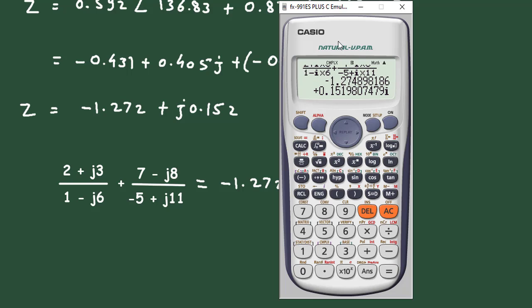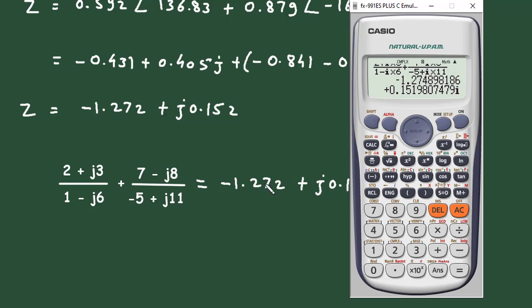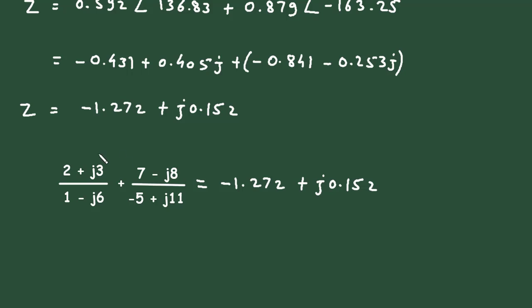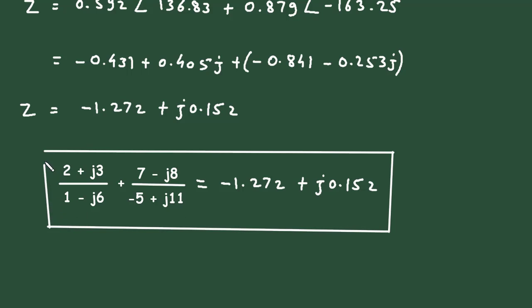So it is minus 1.27 plus 0.152j, approximately the same. Hence our answer is correct. This is the final answer in rectangular form. We can further simplify or convert this answer into its equivalent polar form.